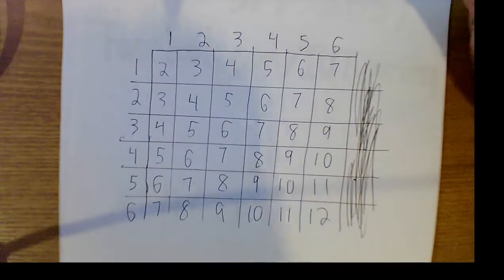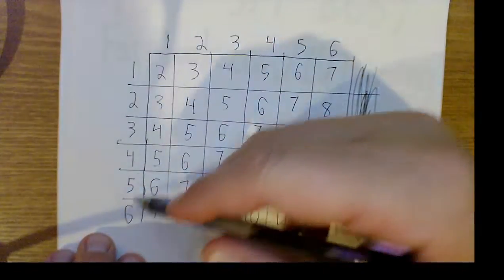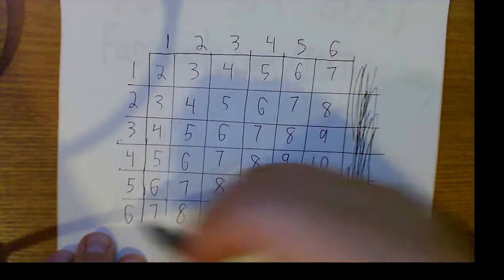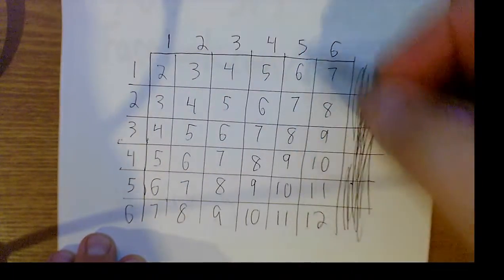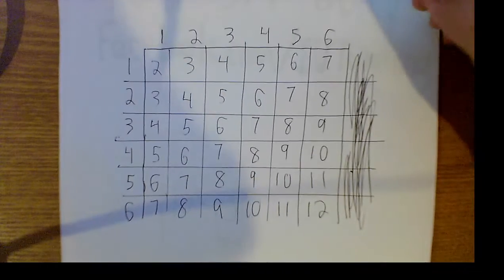And so you see here, I've added together all of the sums of the 2 dice, right? So 6 plus 6 is 12, and 6 plus 5 is 11, and so on and so forth.